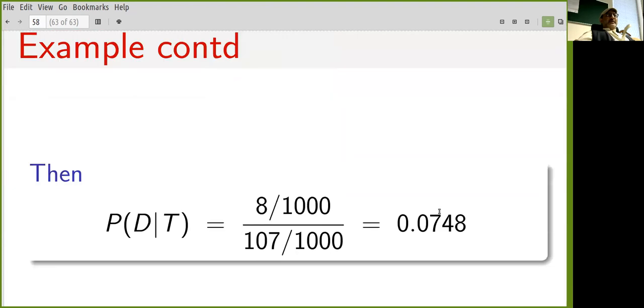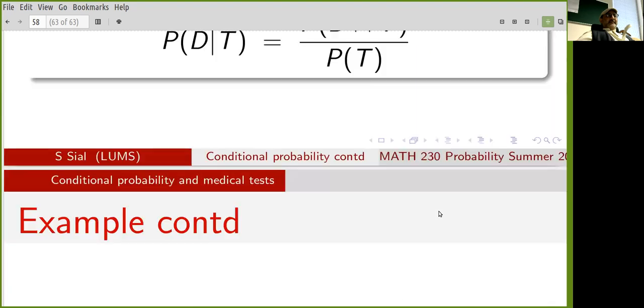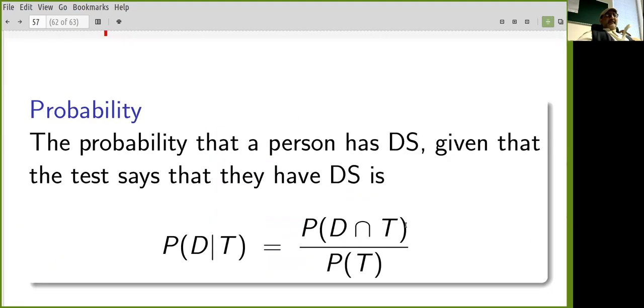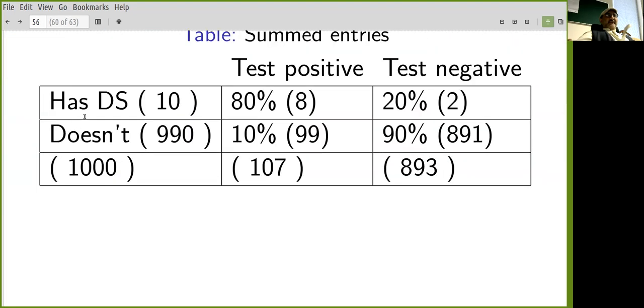Okay. What's the probability the person has the disease and the test says that they have the disease? That's 8 people out of 1,000 fall into that set, that intersection.